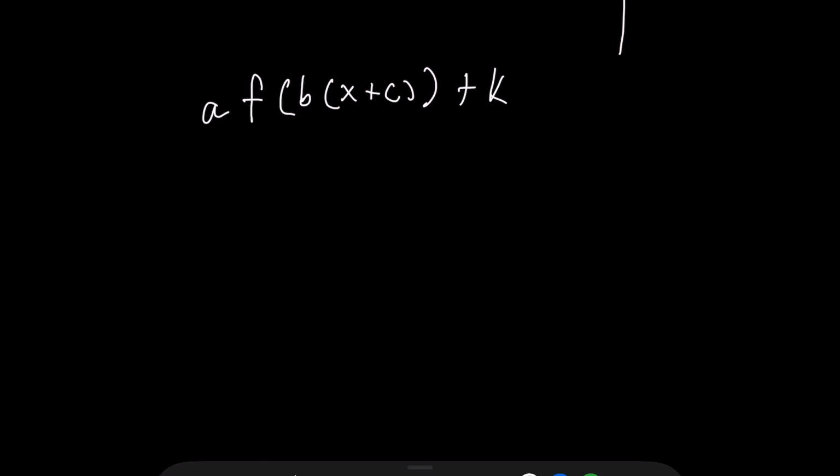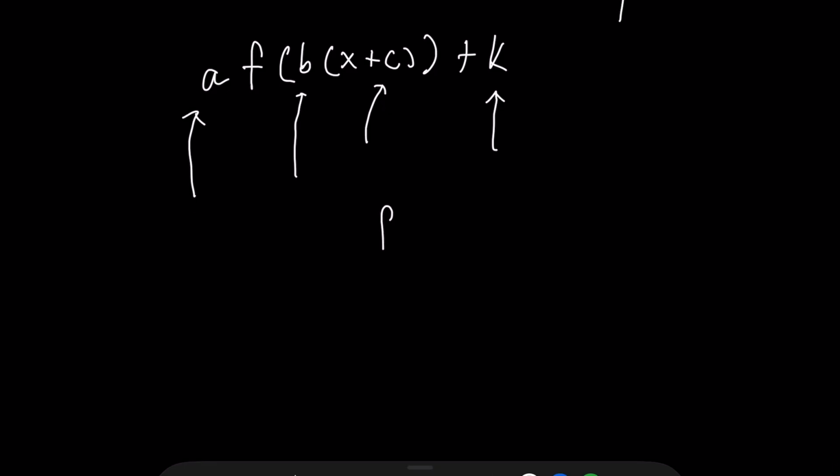So I'll show you what each one does. This guy is what we call a vertical shift. It just shifts the graph up or down by whatever k is. This is a horizontal shift. This is a horizontal stretch or horizontal shrink. This is a vertical stretch or a vertical shrink.